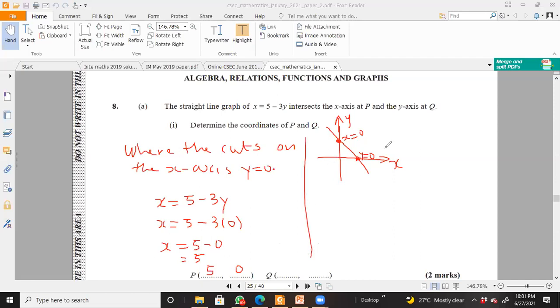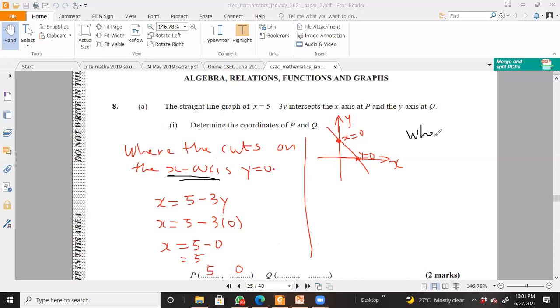I want to find where it cuts on the x-axis, so I'm going to underline that. If the line cuts on the x-axis, remember, y is equal to 0.